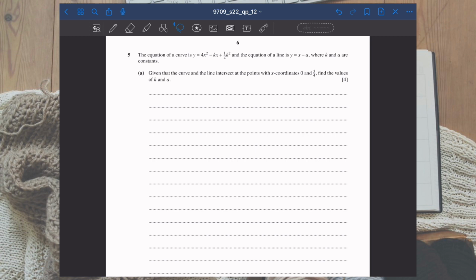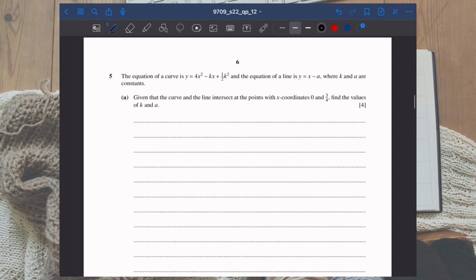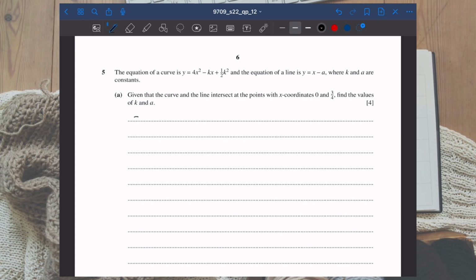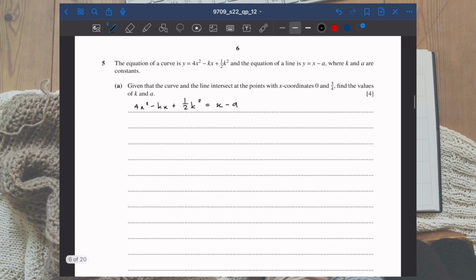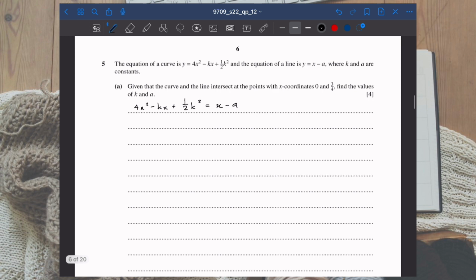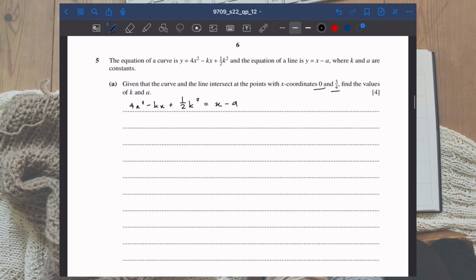So since the line and curve intersect, we can equate these two equations. So 4x squared minus kx plus 1 over 2 k squared equals to x minus a. So we can form two equations by substituting these x coordinates. So the first one is when x equals to 0.